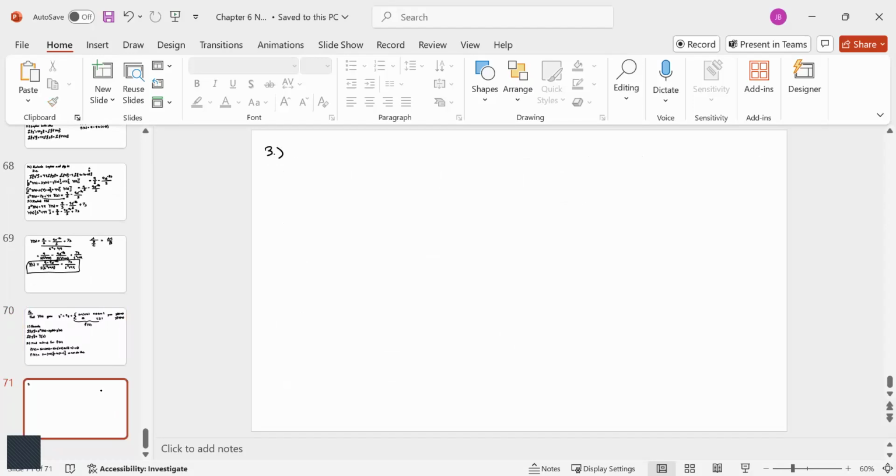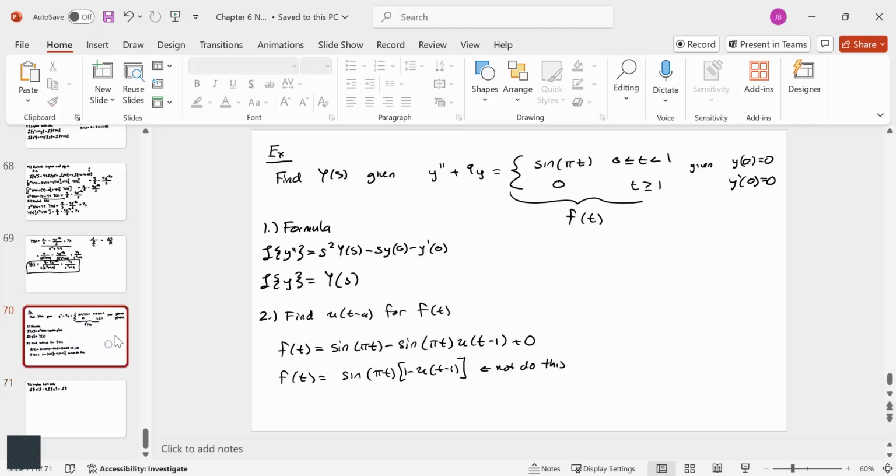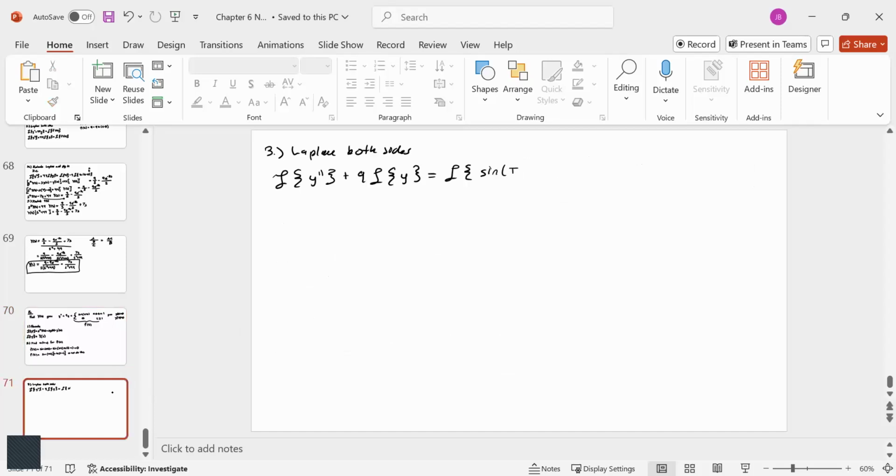Then step three is Laplace both sides. Laplace of y double prime, plus 9 Laplace of y, equal to the Laplace transformation of sine pi t minus the Laplace transformation of sine of pi t times u of t minus, well, it would be a if there were no number, but it's 1, like that.